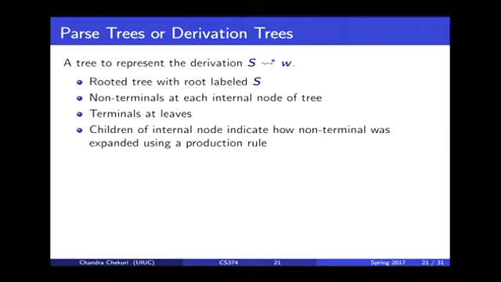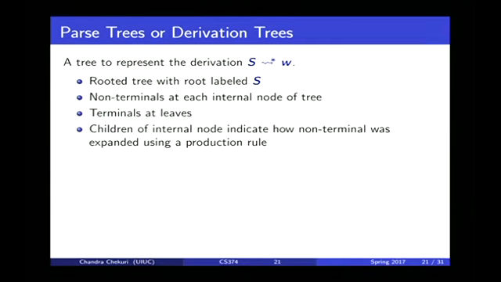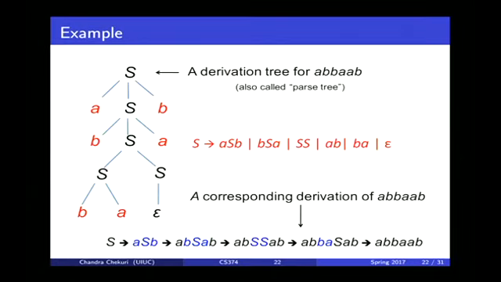One important thing about context-free languages, which is again important in programming languages, is this notion called parse trees. Remember, how do we know that S derives a string? We say S derives this, then it derives that, and eventually if it derives w, then we know S derives that string.